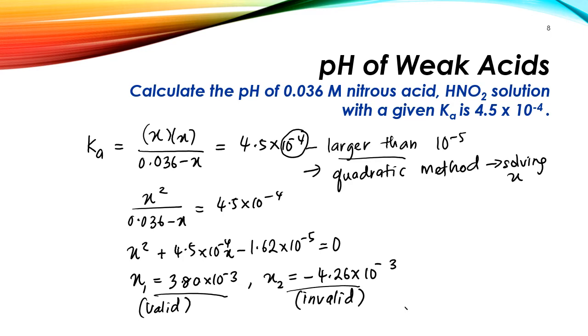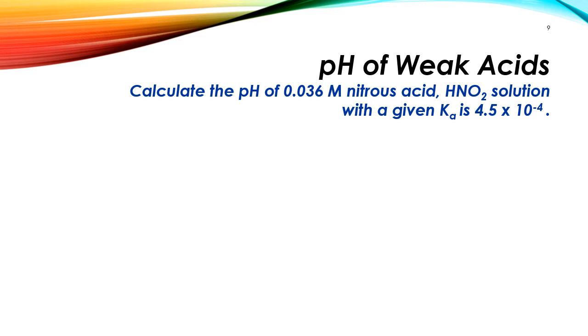To proceed in calculating the pH of this solution, we will use the valid value of x. Now, how do we determine the concentration as well as the pH?